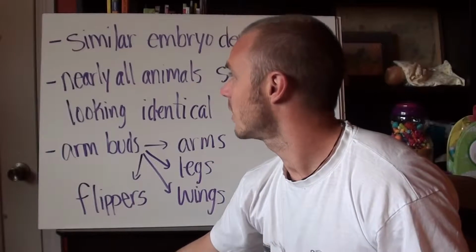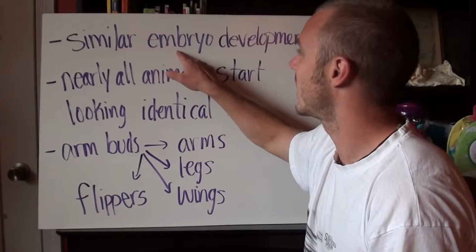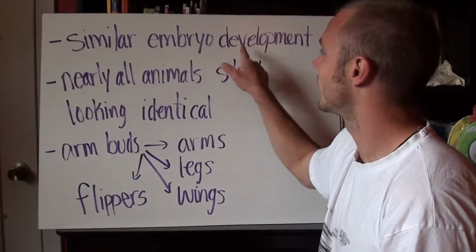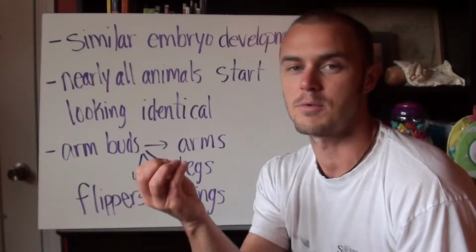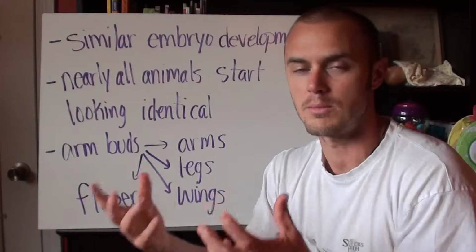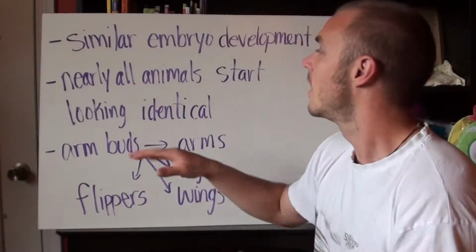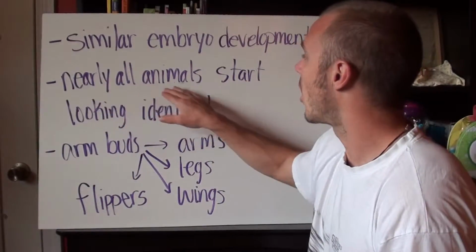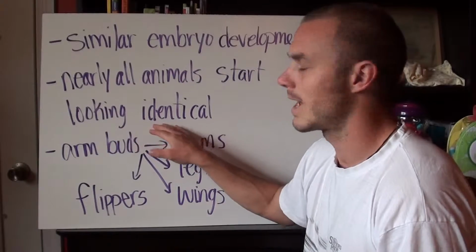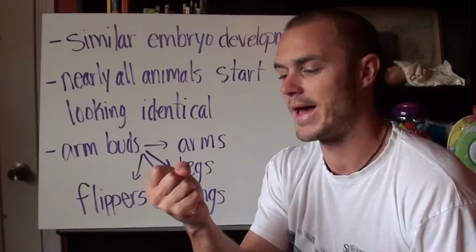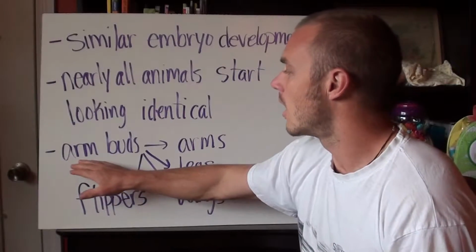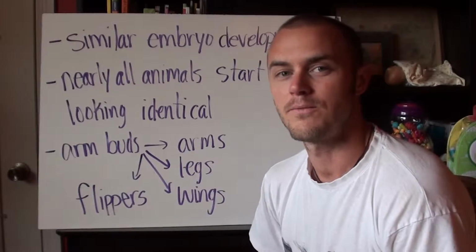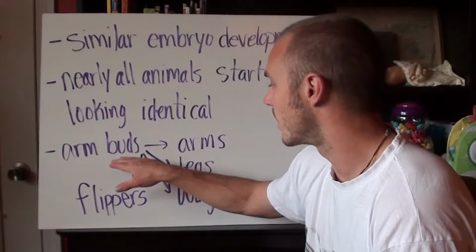The next piece of cellular evidence is when we look at similar embryo development. Now remember, after an egg has been fertilized, it develops into an embryo and grows on into a fetus. And nearly all animals start looking identical. It's essentially just a mass with a little dark spot on it. And then from your embryo is where you start having features being formed, like arm buds.